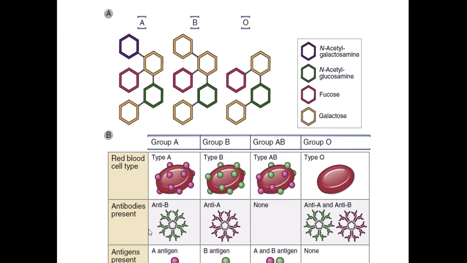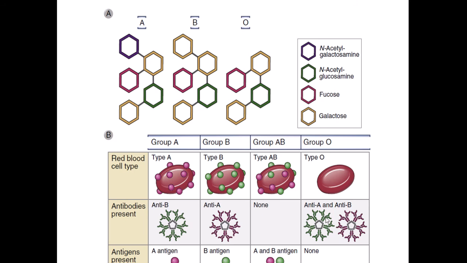As you can see here, blood group A usually has anti-B antibodies present. Blood group B has anti-A antibodies. Blood group AB has neither antibody, neither A nor B. And blood group O has both antibodies, the anti-A and the anti-B.